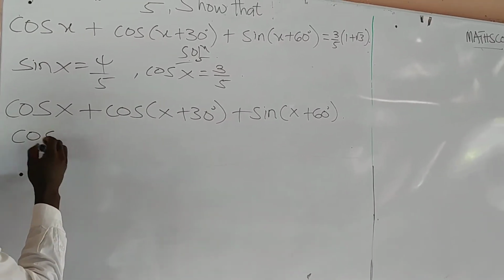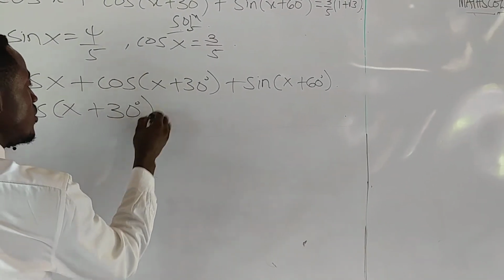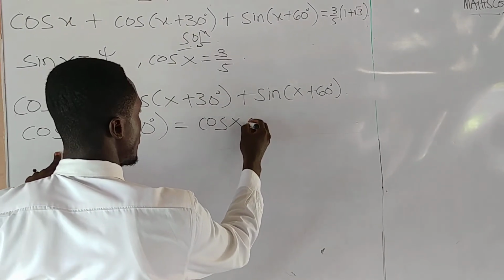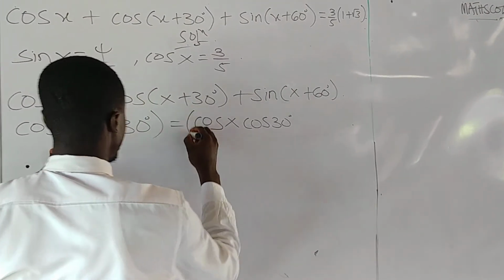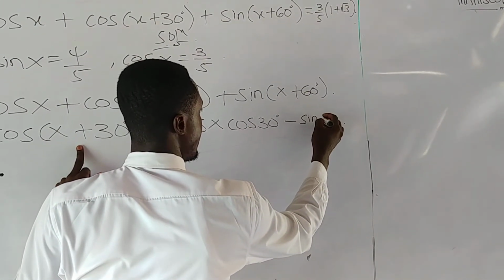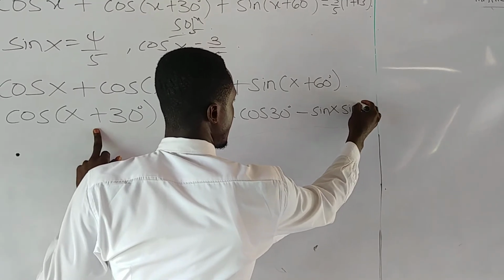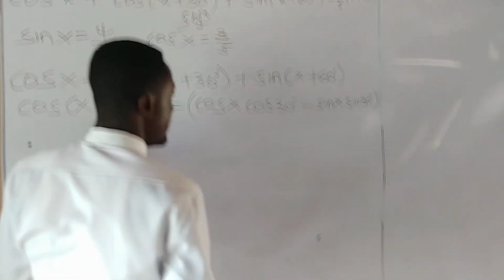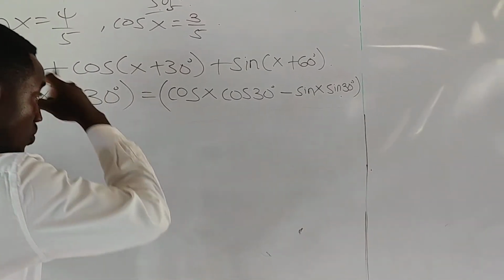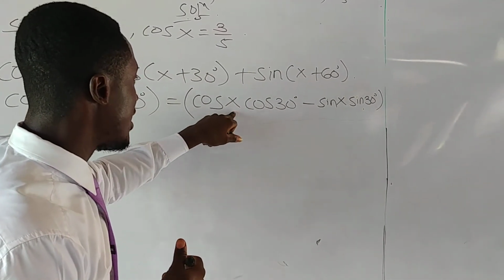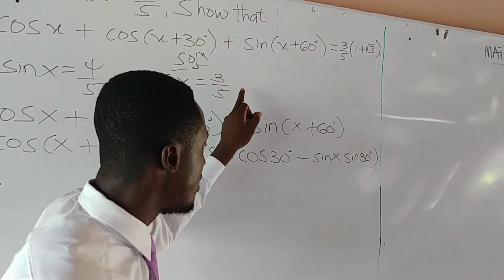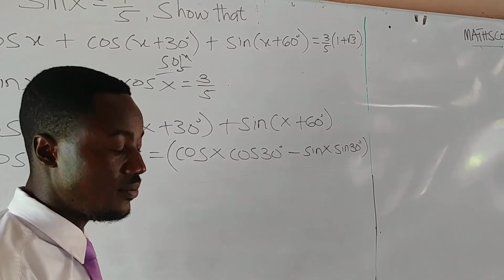So cos(x + 30 degrees) could be equal to cos x cos 30 degrees minus sine x sine 30. So now we can substitute cos x, cos 30, sine x, and sine 30 into it. Okay.